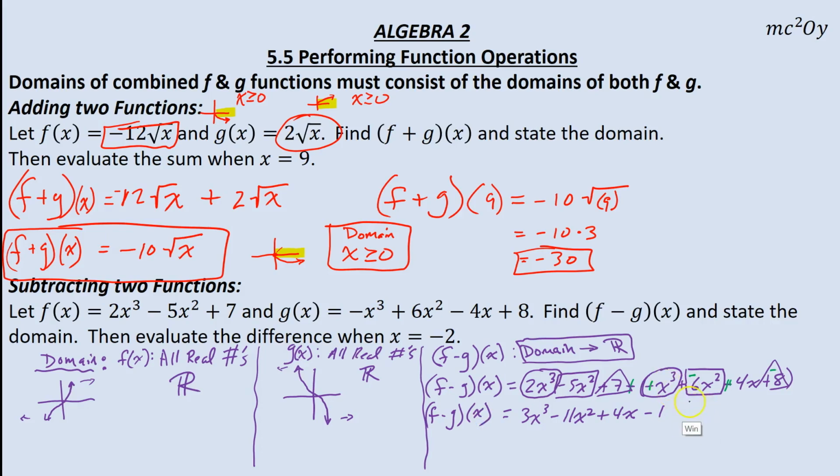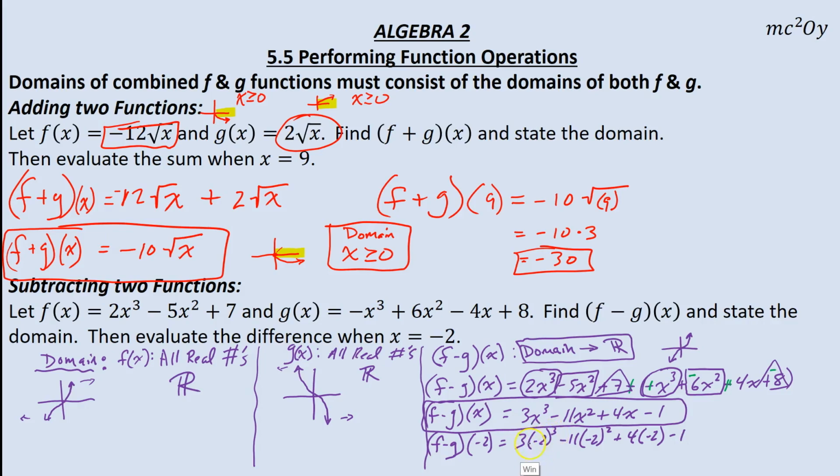That is a cubic. And a cubic, we know, is something like that. So yeah, all real numbers. We're good to go. Okay, the last thing we have to do is evaluate f minus g when x is -2. So substituting -2 in, so 3 times -2 cubed minus 11 times -2 squared plus 4 times -2 minus 1.